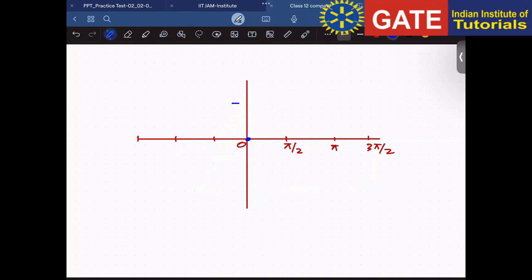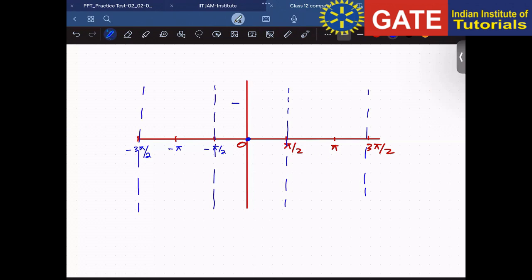Chalo, how will be the graph? At pi by 2, tan pi by 2 value is sin pi by 2 by cos pi by 2. Sin pi by 2 value is 1, cos pi by 2 value is 0. 1 by 0 is infinity, not defined. So at 3 pi by 2, pi by 2, tan function will not be defined.